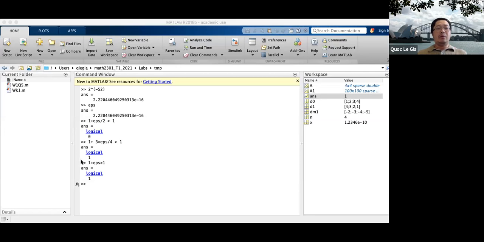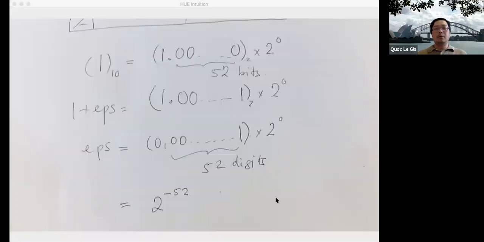Now the next question is about a number that is bigger than the maximal real number. Let me share the structure of the floating point again, on the paper.